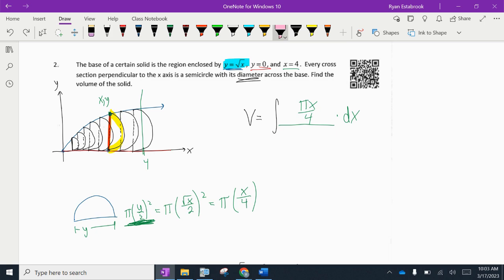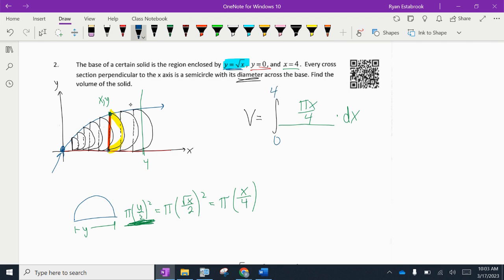Can you go back and find them? What is the lower bound? From what x value? 0. And the right bound?